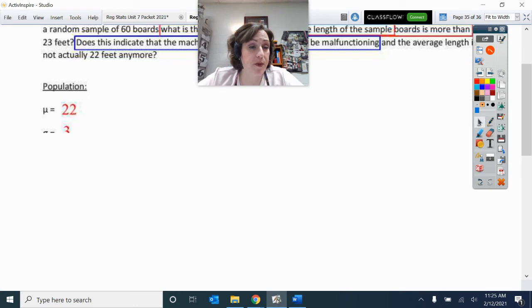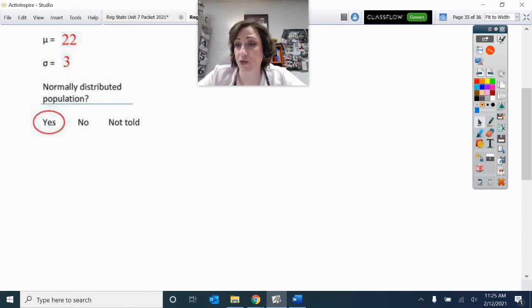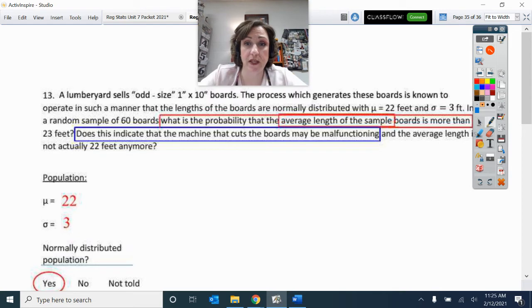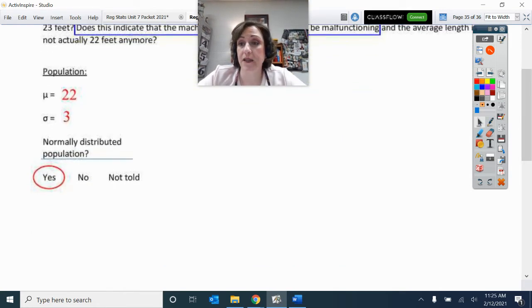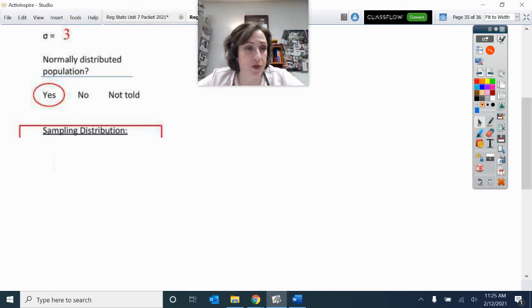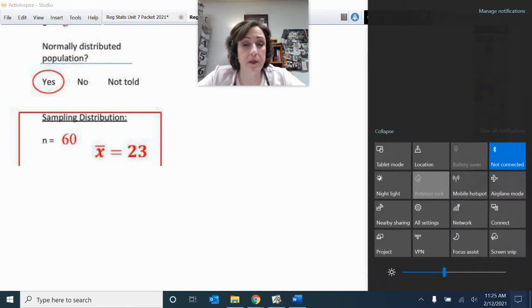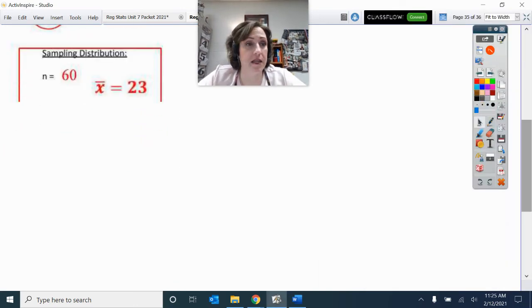So here was our population mean and standard deviation. We were told that that population was normally distributed. It had told that to us right here. And then we start giving information for that drop down sampling distribution. So the samples of size 60, they are centered at 22 as well.